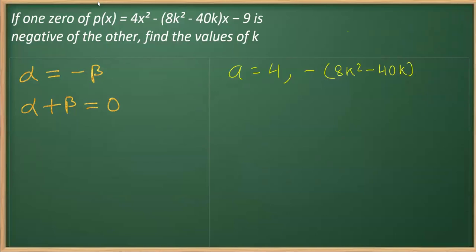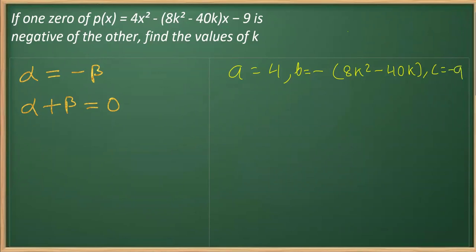This is B. So I must write B here first. So we have B is equal to this. Now, what about C? C, as you can see, is the constant term, which is minus 9.